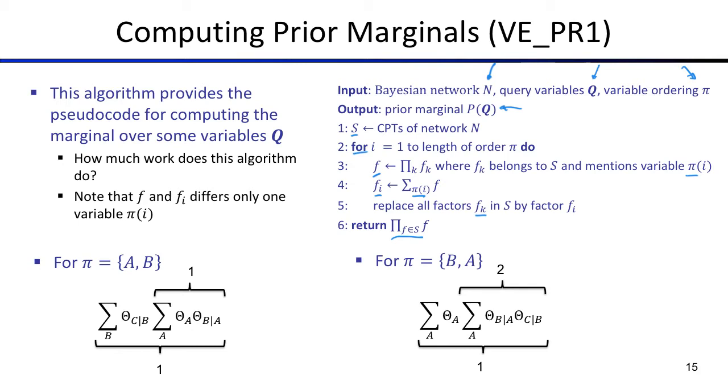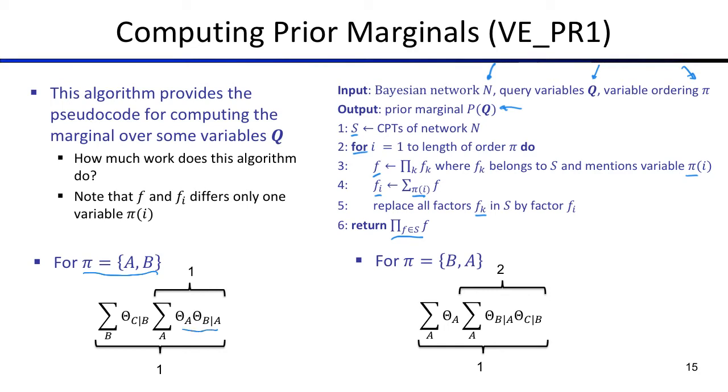And a simple way to try to understand how much work this algorithm is doing is to look at the ordering that we are processing and take a look at the size of the factors that are being created by the elimination order. So if you look at this ordering here, pi equal A first and then B, you're going to see that when we eliminate the variable A, we'll have to multiply these two factors together.